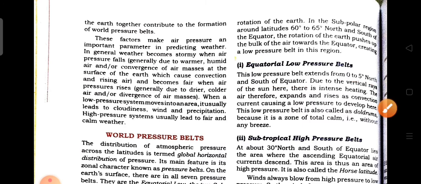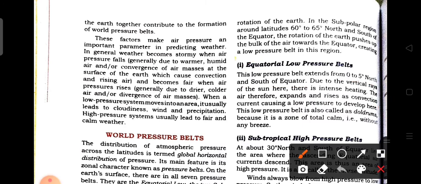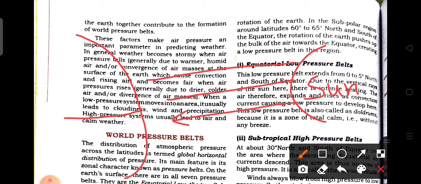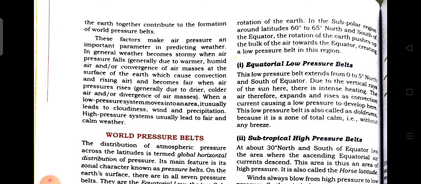Due to the vertical rays of the sun, here there is an intense heating. As we know, if this is the earth and this is the equator, the sun gives the vertical rays to the equatorial region, which gives the intense heating in this area.